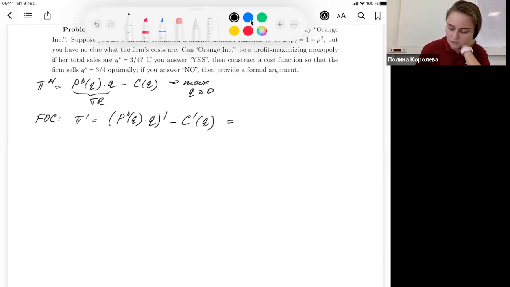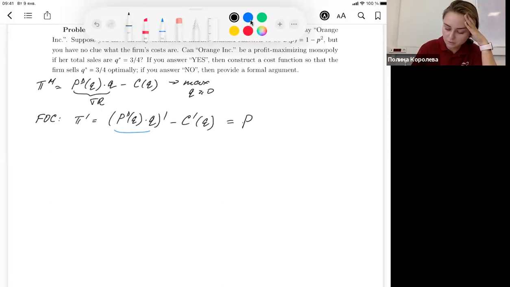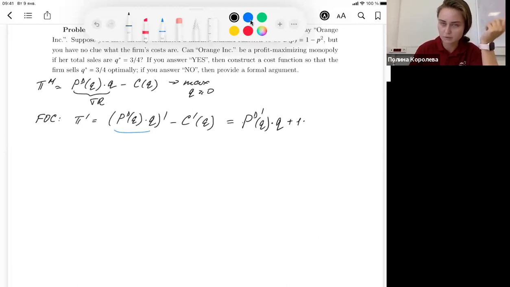You see that in the first brackets we have two functions that depend on quantity. So the derivative is like this: the derivative of the first function multiplied by the second function, plus the derivative of the second function. The derivative of Q is 1, multiplied by the first function.